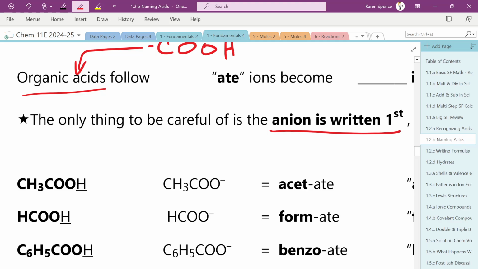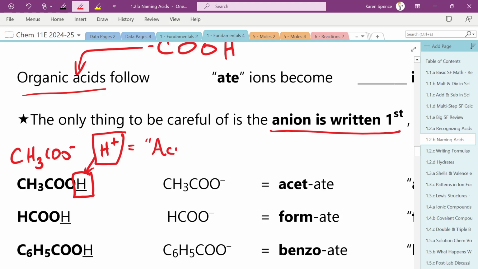You never write the anion first, except if you're dealing with an organic acid. Because this is made of an H+ ion and a CH3COO- ion.